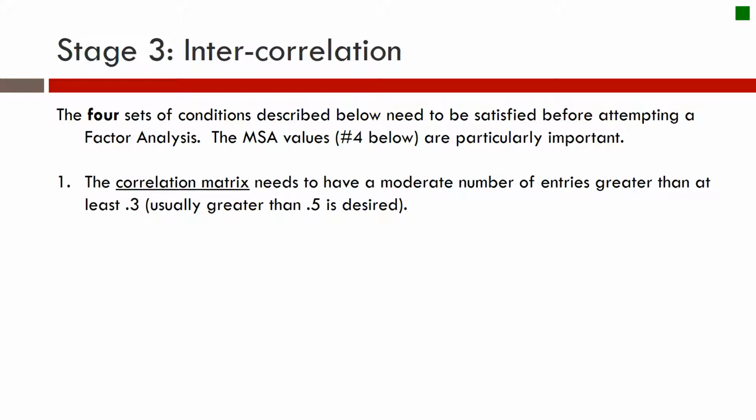So there are 4 different evaluations, if you will, of your variables to confirm that they should go together statistically based on correlation. The first is to simply look at a correlation matrix.